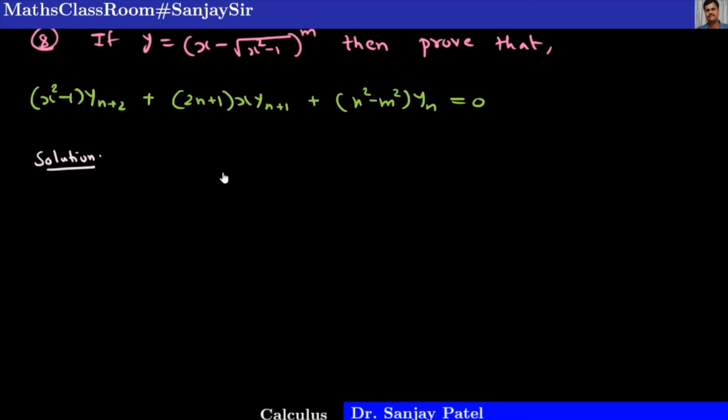Here we have y is equal to (x minus square root of x square minus 1) raised to m.